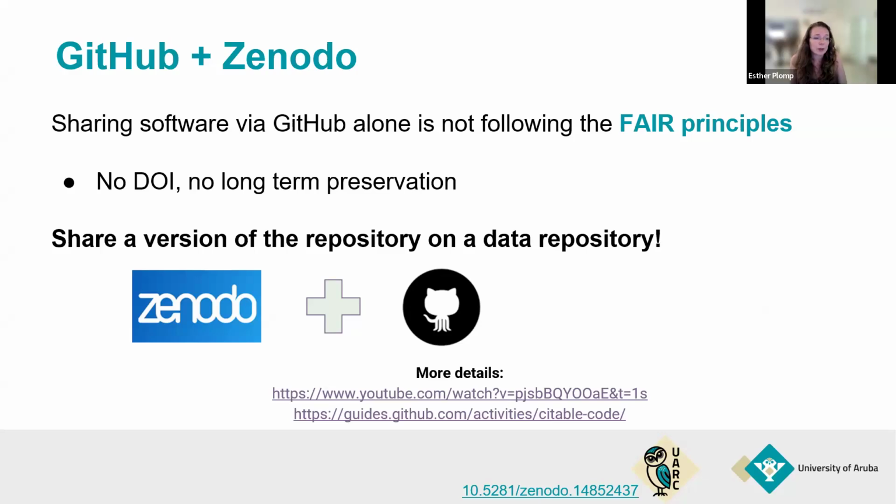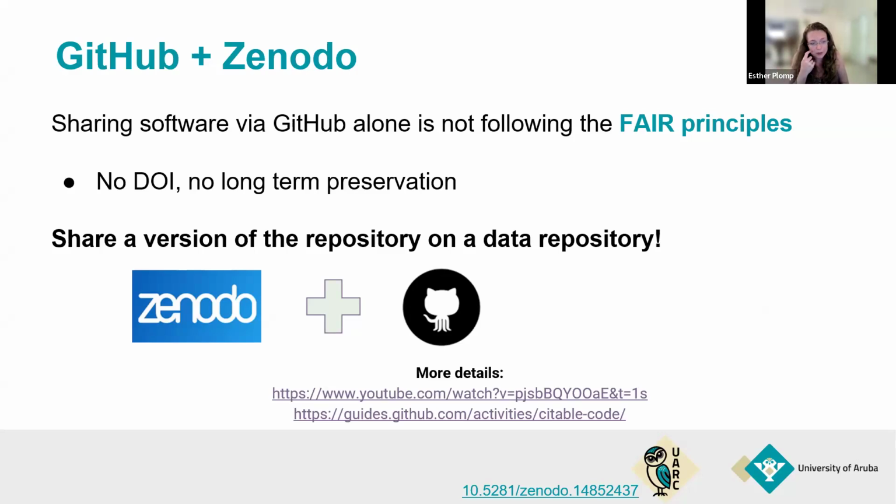And it's also not a great place for long-term preservation because you can decide to just delete your GitHub repository at any moment, or perhaps Microsoft will decide that your repository has some type of word that they don't like in there, and then they might decide that they will delete it for you. So it's important to use GitHub alongside a data repository to ensure long-term preservation of your software.